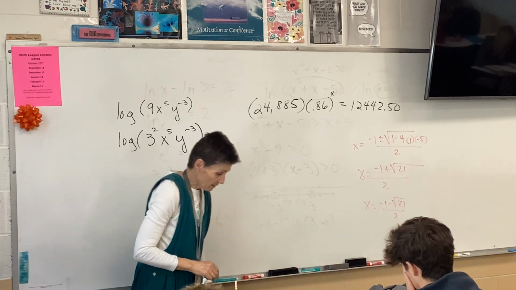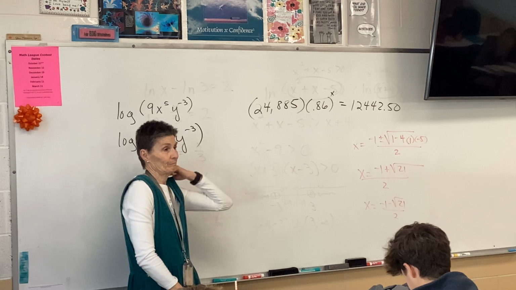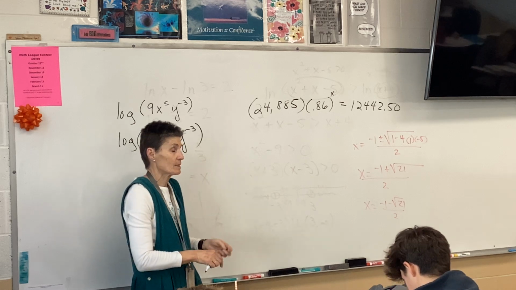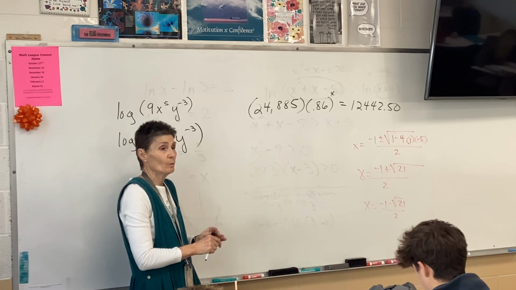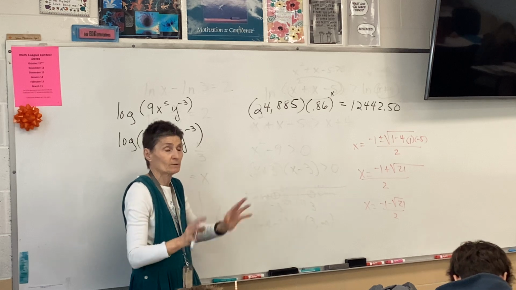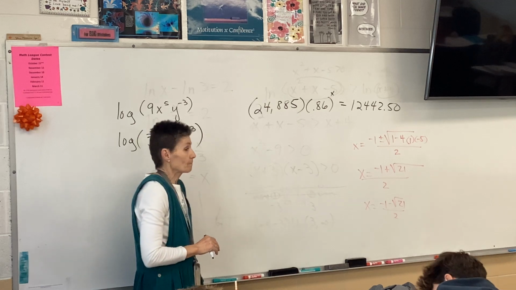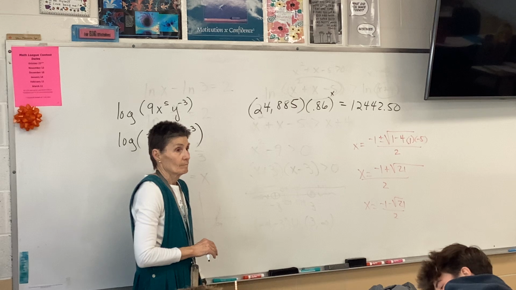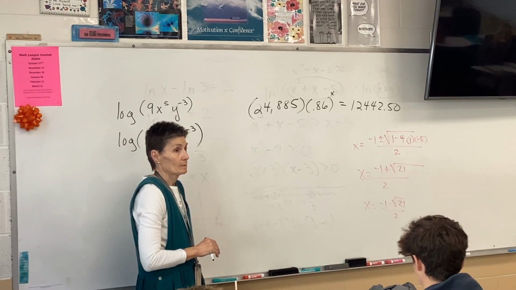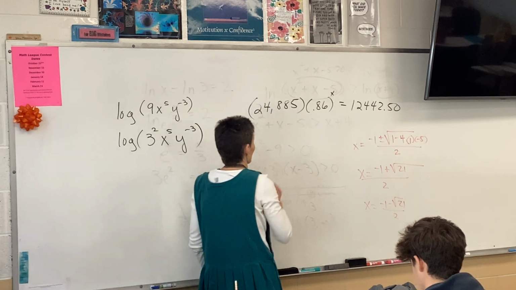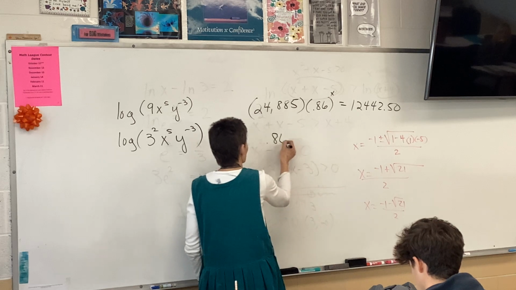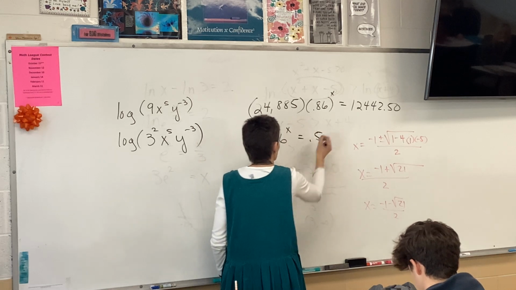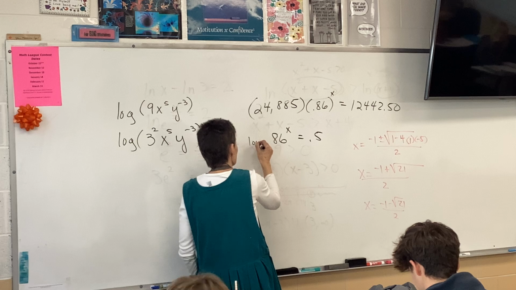All right, how are we going to figure that out? I see the calculators coming out. That's awesome. What are you doing with your calculator? Because there are different things you could do. If you're doing it algebraically, you could divide and then log both sides.